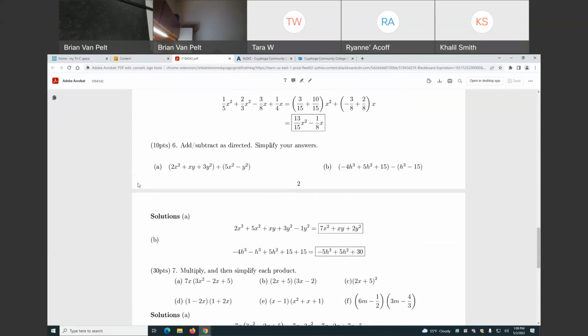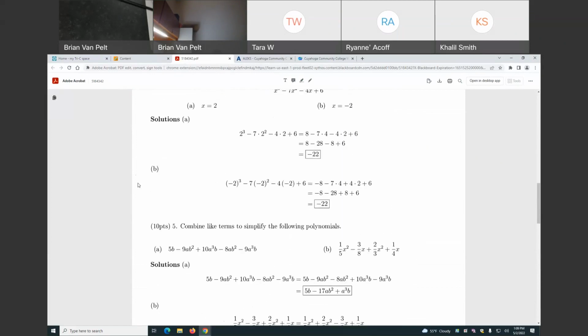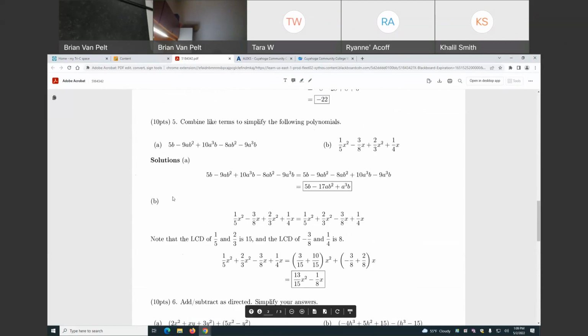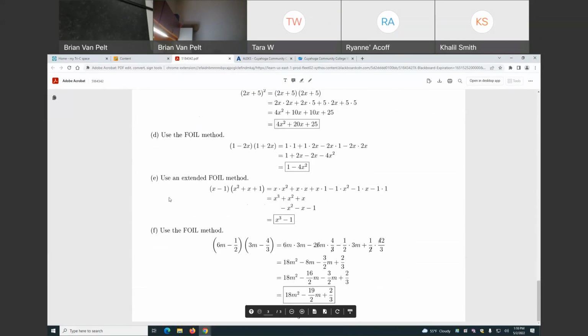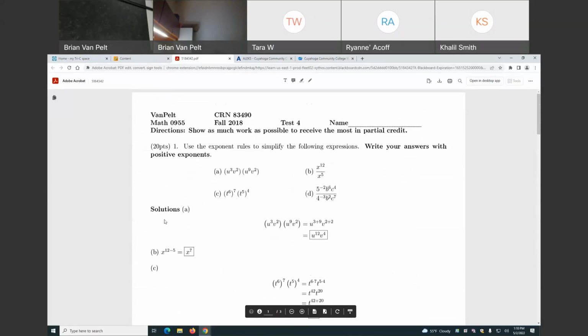Polynomials. We didn't do polynomials. So that was, from 5 on, we didn't do. So we just did exponents. Okay.